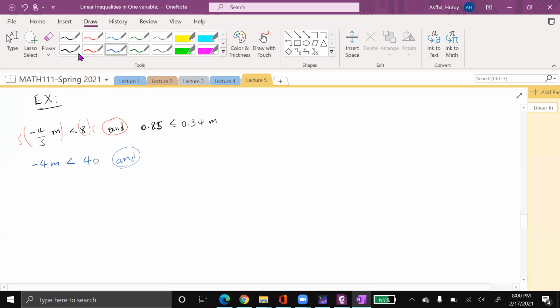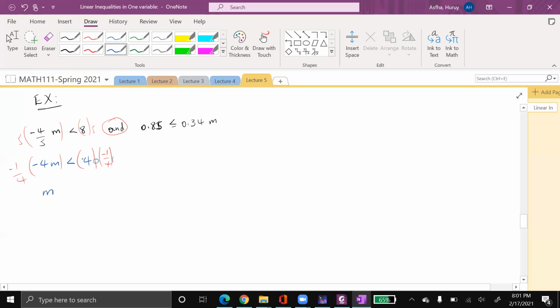Now, here we divide both sides by negative 4, or multiply by negative 1 over 4. And what do we get?